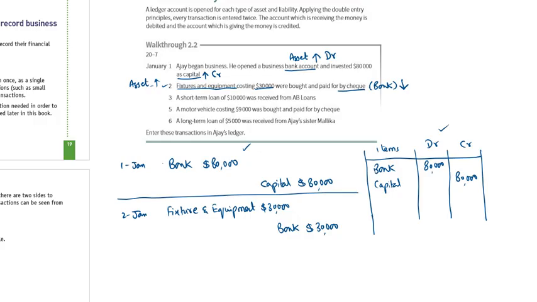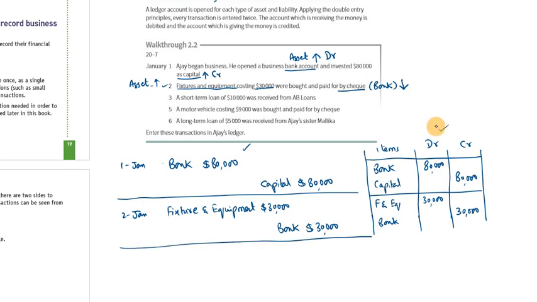Or in this format we can write fixture and equipment debit by 30,000 and bank by 30,000. So I'll follow this one, but you may have a choice. You can follow this type of format too.